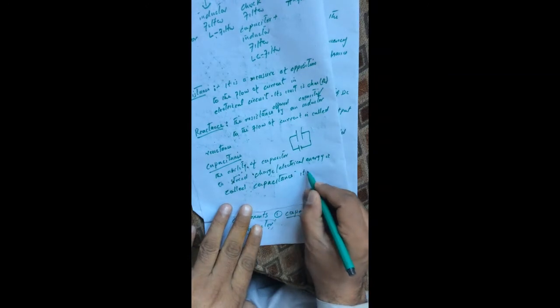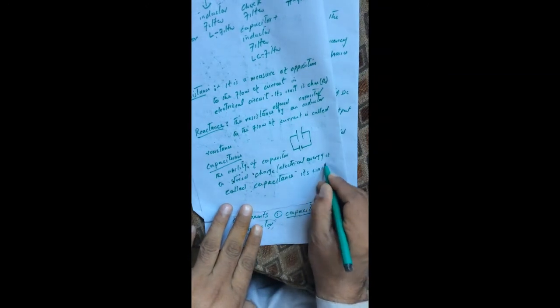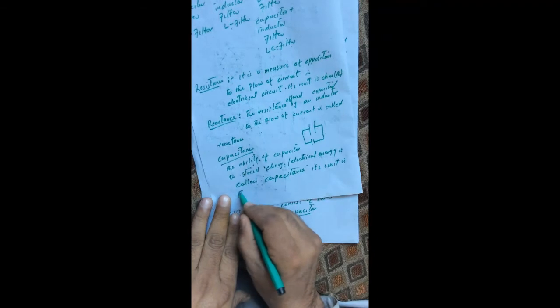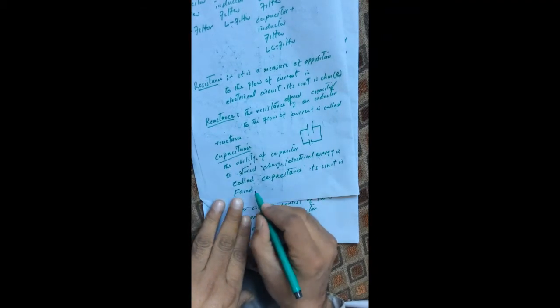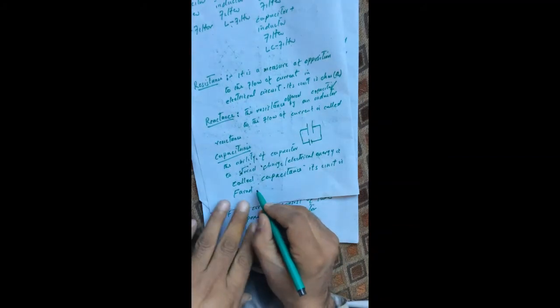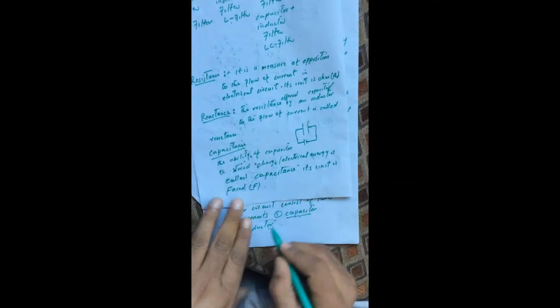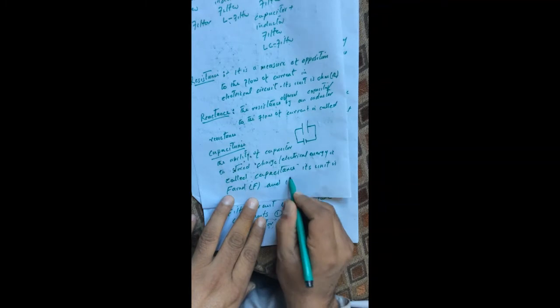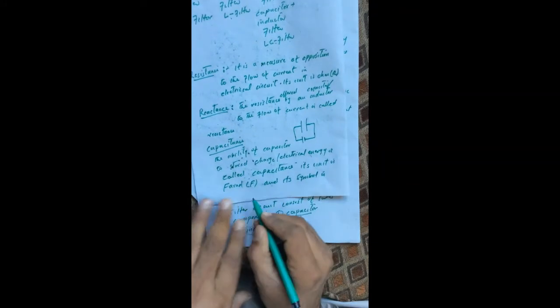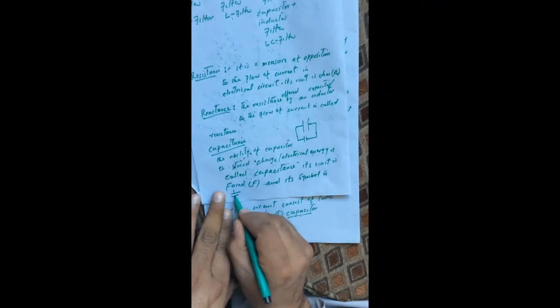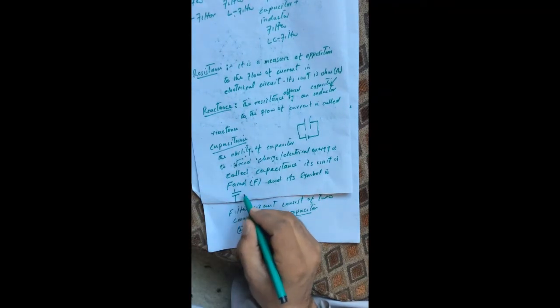Its unit is farad, given after the name of the well-known physicist Faraday, denoted by this F, and its symbol is this one. Whenever we have this symbol, it means this is a capacitor.